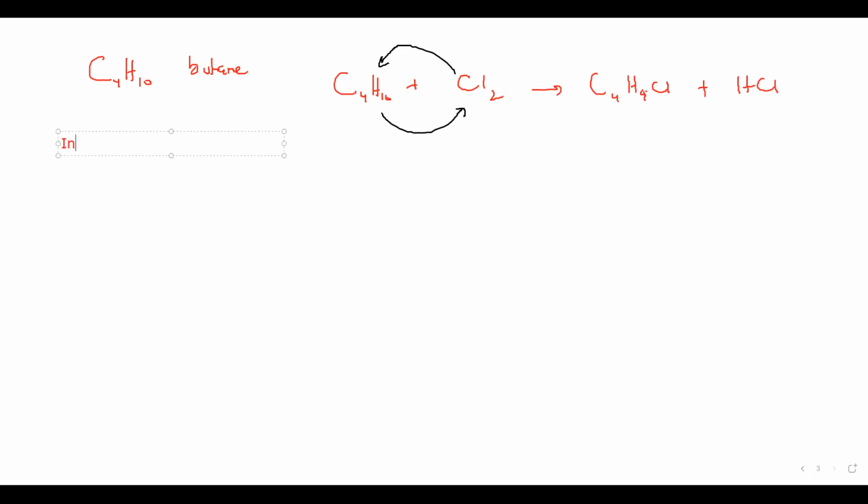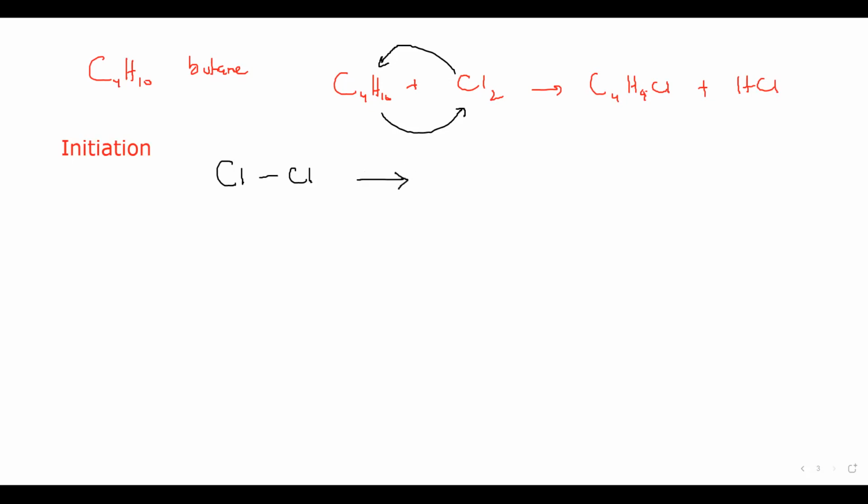So what happens in initiation? Initiation is the production of the free radical. How is the free radical produced? A molecule of chlorine is there.